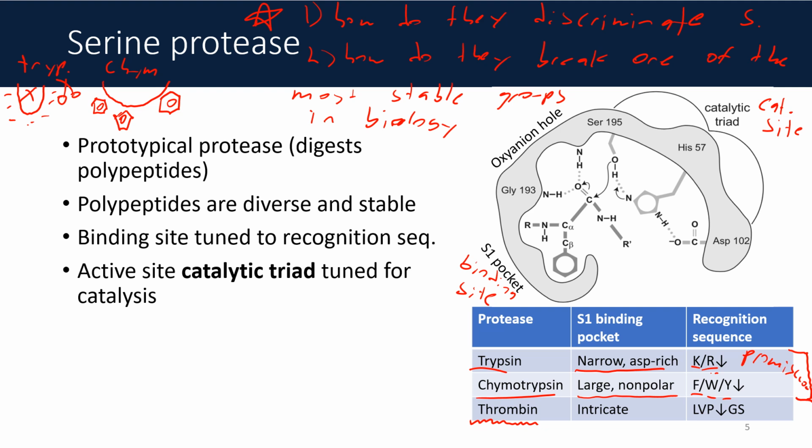We want it to only cut a peptide segment within fibrinogen. So this is a specific enzyme. And therefore, its binding pocket is not going to be simple. It's going to be very intricate. Its binding pocket is going to only allow the sequence LVPGS.